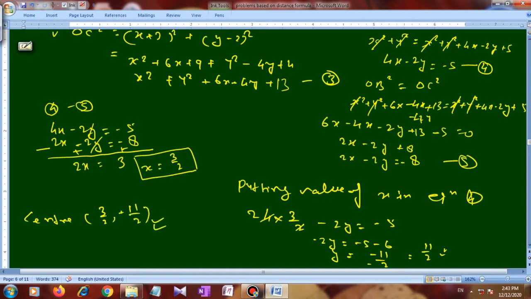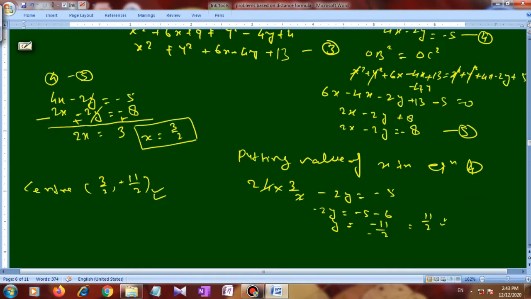Clear? So for the radius of the circle, putting the values of x and y in equation first, we will get the radius of the circle. So OA square equal to x square plus y square. So this will become (3 by 2) whole square plus (11 by 2) whole square. So this will become 9 by 4 plus 121 by 4, so 130 by 4.